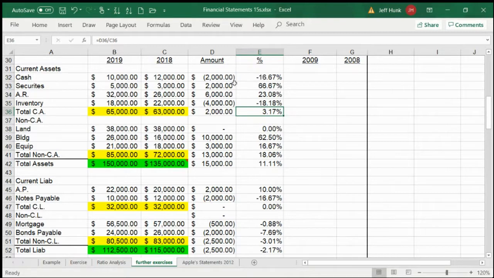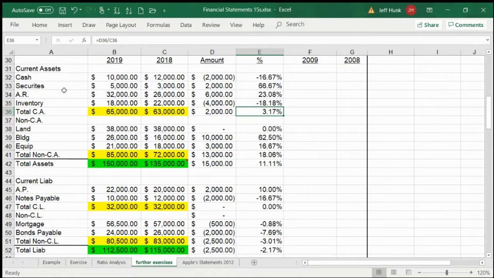Now, instead, look at the marketable securities like stocks and bonds. It increased by 2,000. And what do the stocks and bonds do? What is the meaning of that? Stocks and bonds give you interest income or investment income, right? Sometimes it can give you a negative return, but they give you return on investment, right?